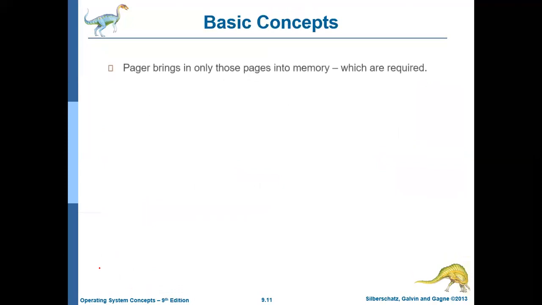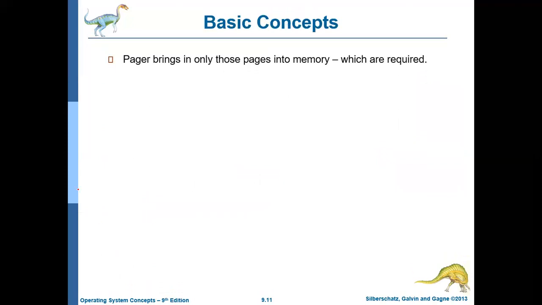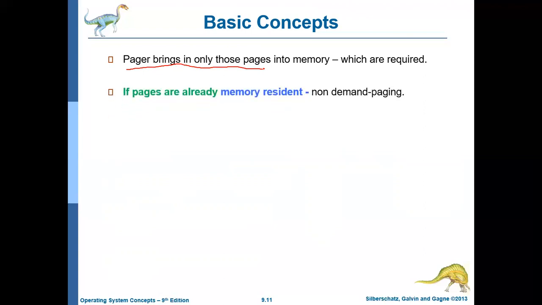Let us see how it actually works. The pager brings only those pages into the main memory which are required. It will not bring all the pages. Now the CPU will generate a logical address. As we have already discussed, say this is the CPU, the CPU will generate the logical address.